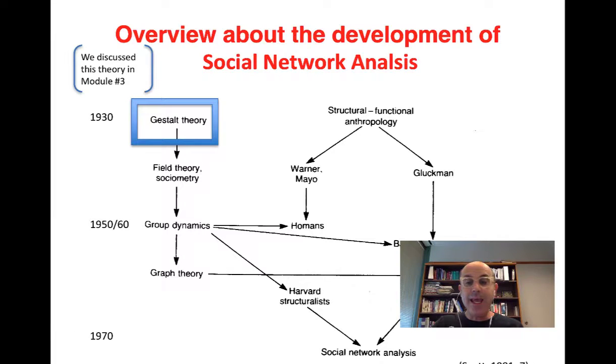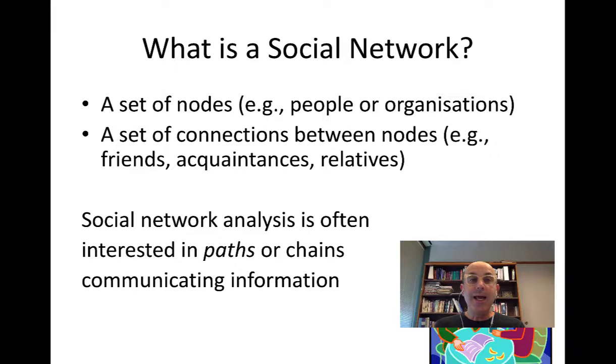So the idea here is that in a social network, we have a set of nodes, which are people or organizations. We have a set of connections, which are friends, accusations, relatives, whatever makes the connection alive.